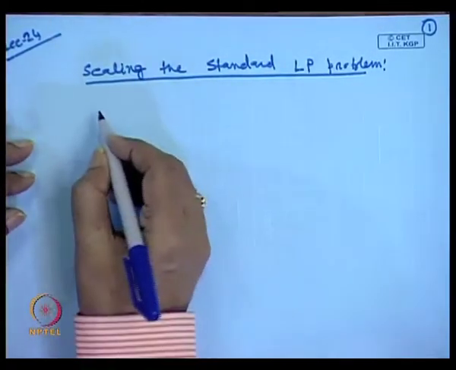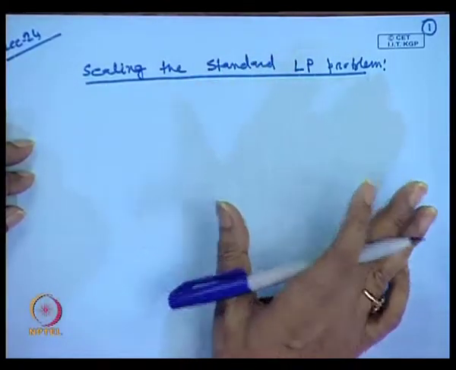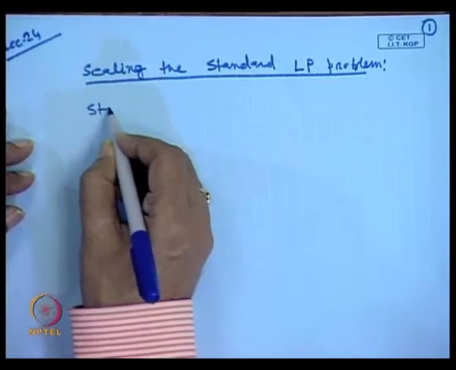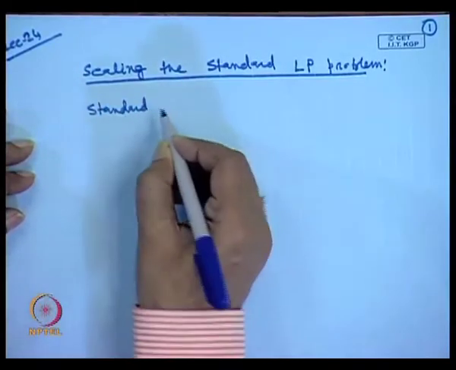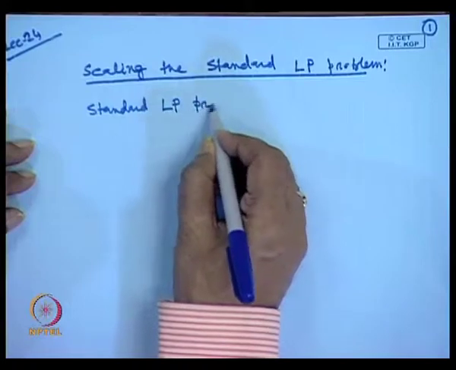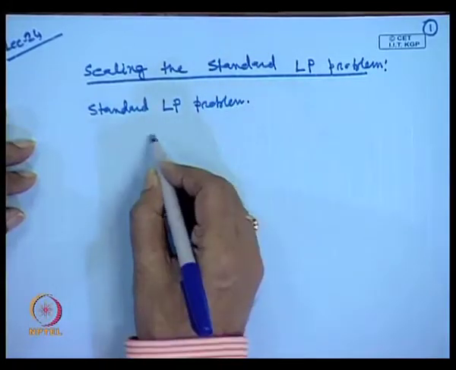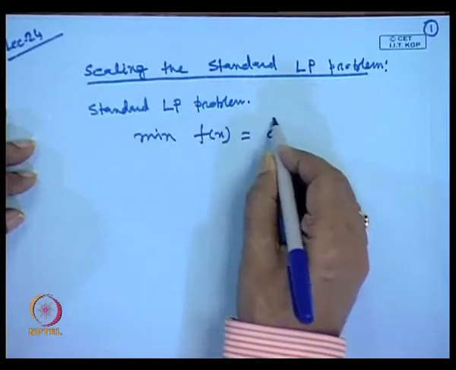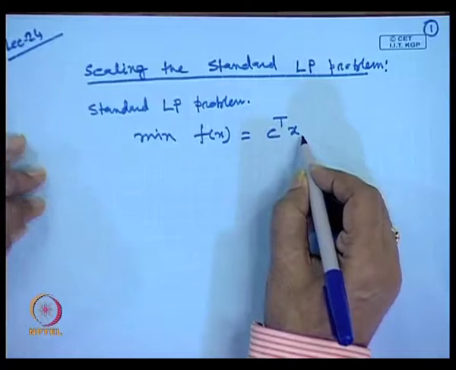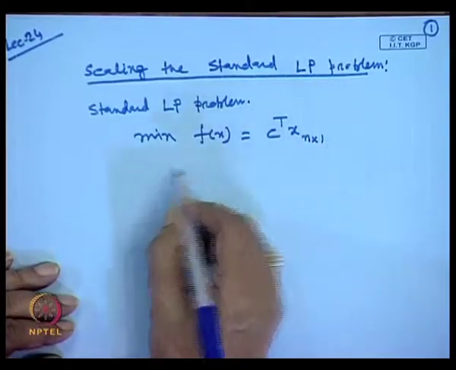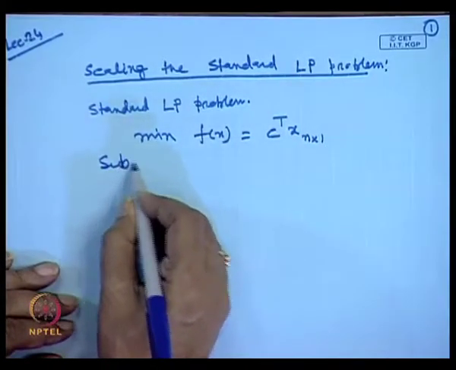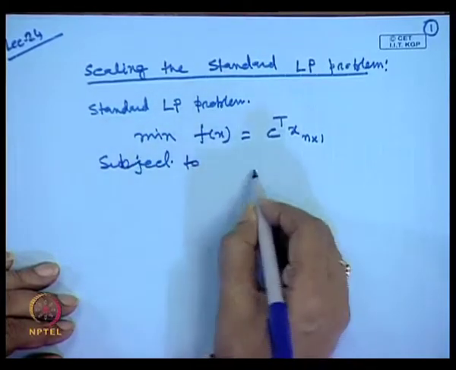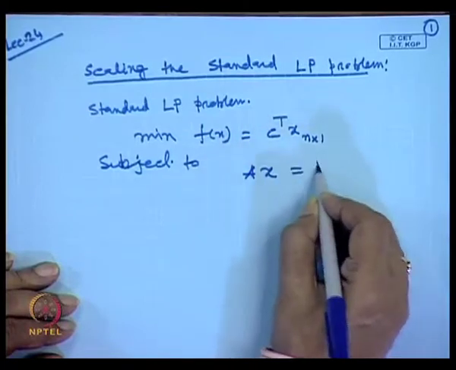If you recollect, whatever LP problem is given, we first have to convert it into a standard LP problem. Our standard LP problem is: minimize f of x, which is nothing but c transpose x, whose dimension is n cross 1, subject to A x equal to b.